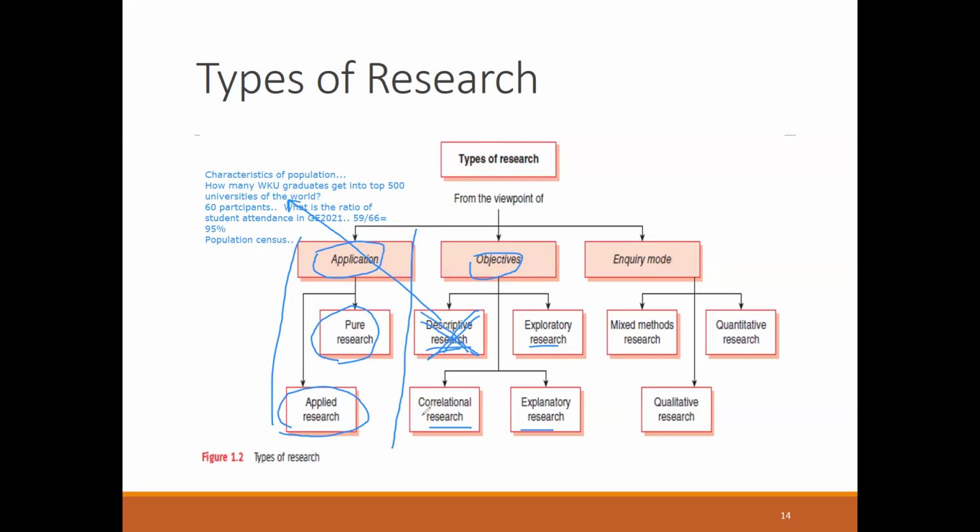Now, about correlational research. What is correlational research? Let me try to simplify it. In correlational research, you try to find out the association between two or more than two aspects of a situation. What does this mean?